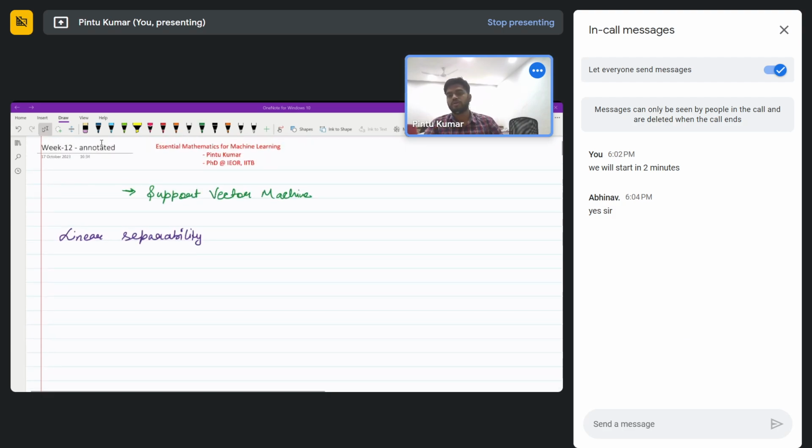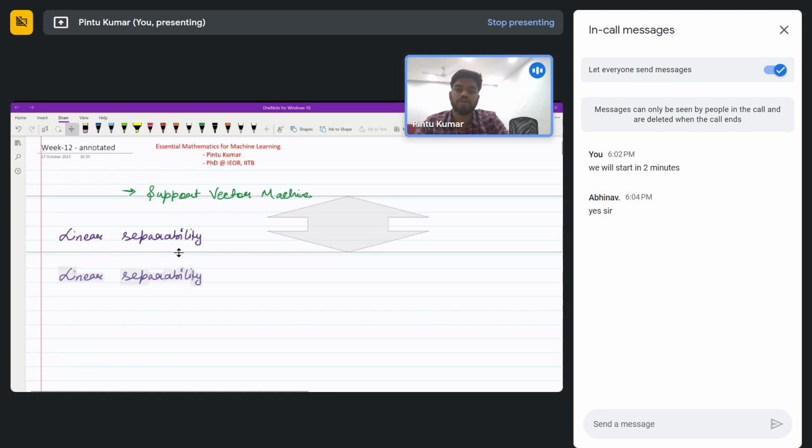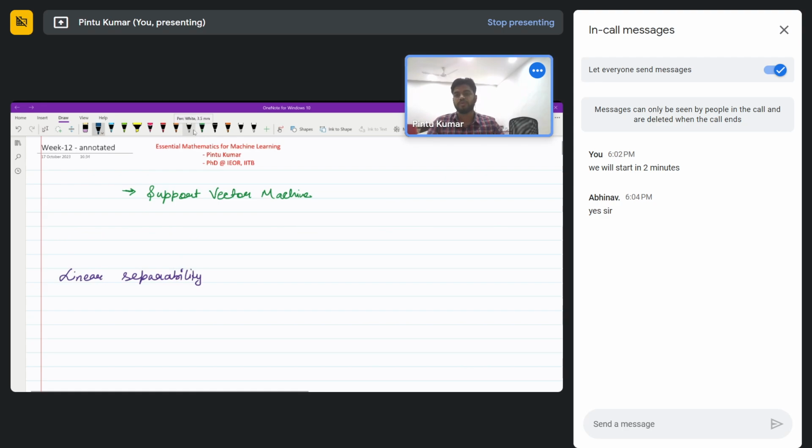Whatever we are covering today is related to classification. I hope all of you are aware of what classification is. Classification is a supervised machine learning technique.